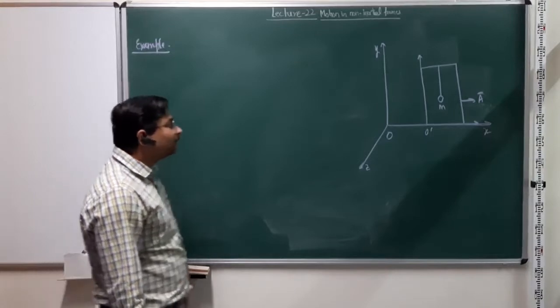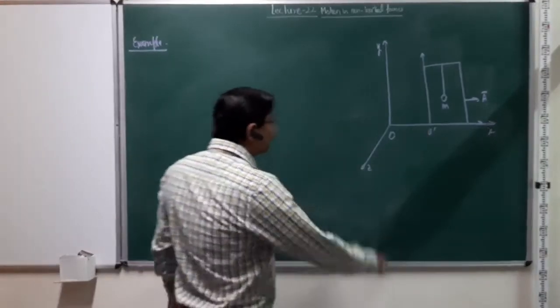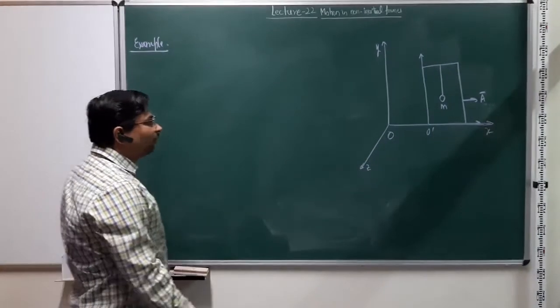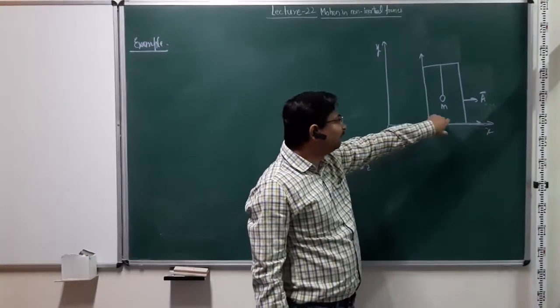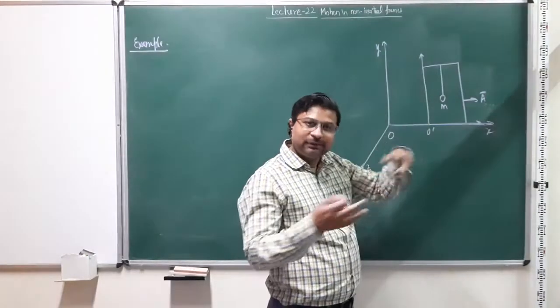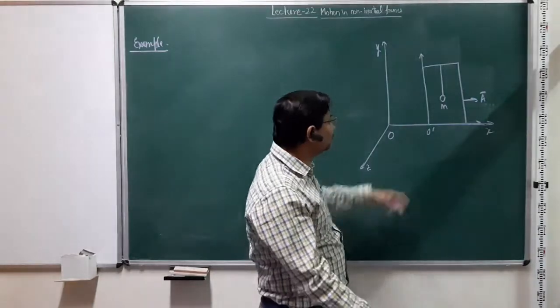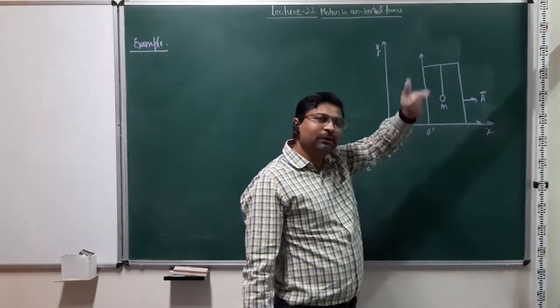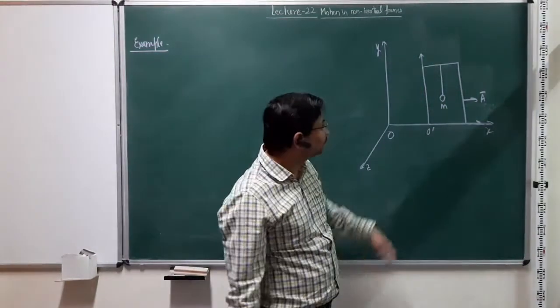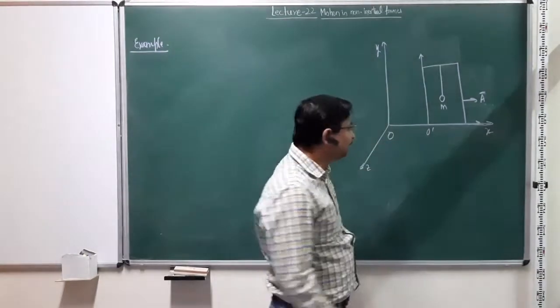Okay? So normally I know that if this container were stationary, just like in your lab or in your room, if you hang a simple pendulum and do not give it any motion, then it simply hangs vertical, right?